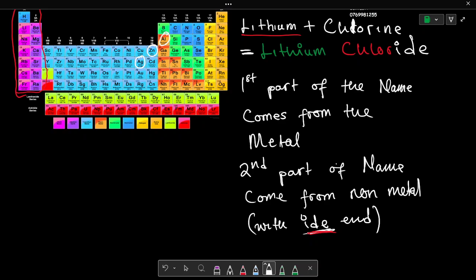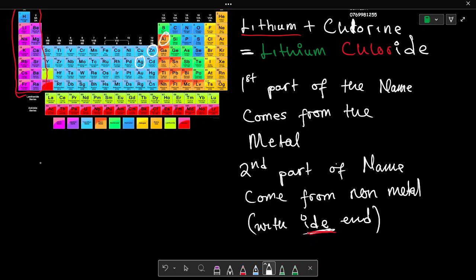Okay, so let's pick any other different metal from group 1 or group 2, or even aluminum, silver, or zinc. But I'm going to pick, I think I'll pick sodium.